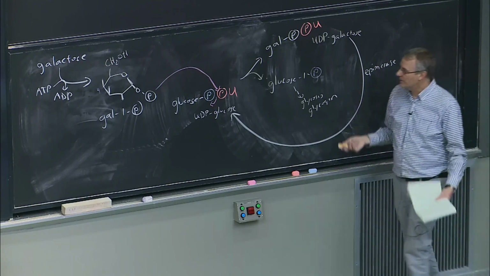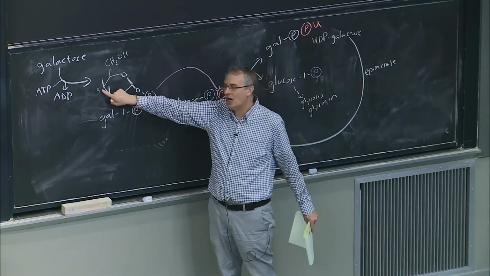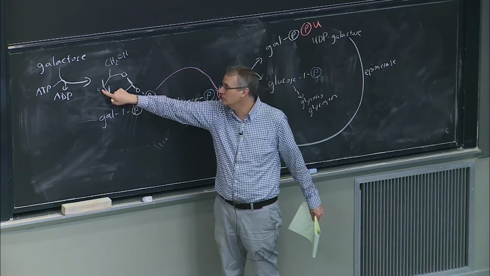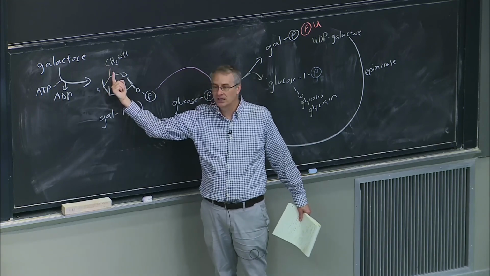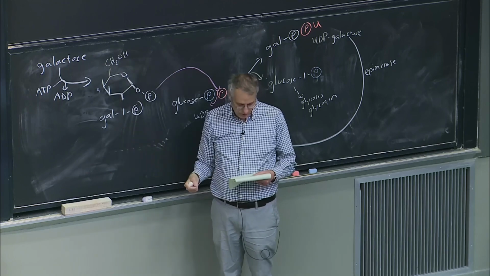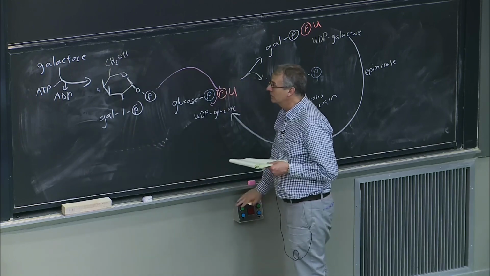And so remember, the epimerase reaction needs to change the stereochemistry of the hydroxyl group at this 4 position such that it's pointing up in galactose or pointing down in glucose.